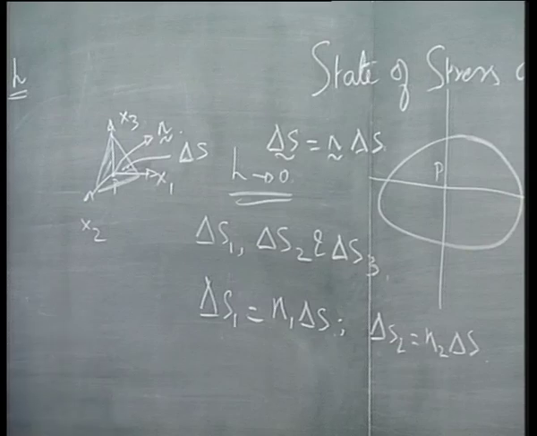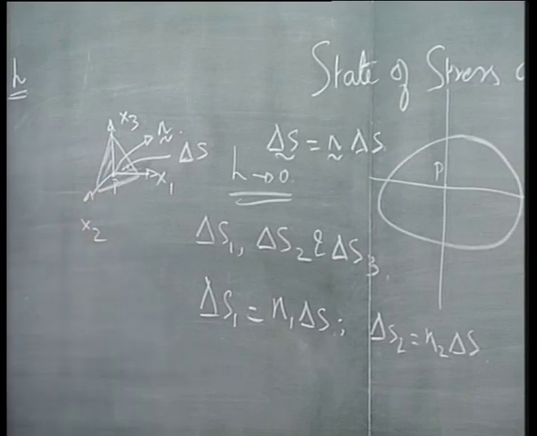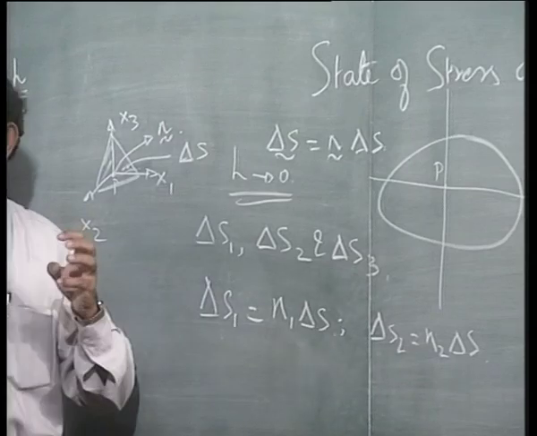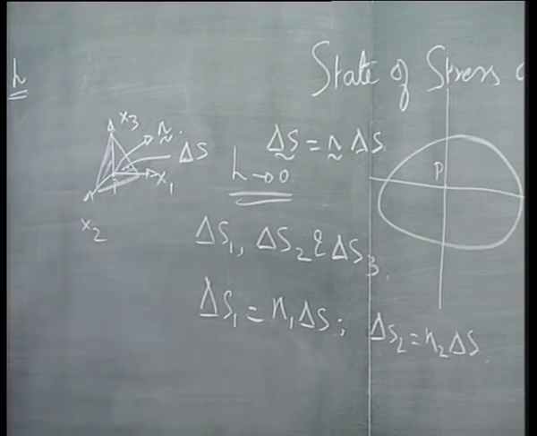Is it clear? Now please note that these three planes, the n1, n2 and n3 planes, are also planes which I have used to cut the piece. So I have taken this piece out from the original body. Clear? Now in these planes also forces will be acting, right? The body is to be in equilibrium, so forces will be acting in these three planes as well.